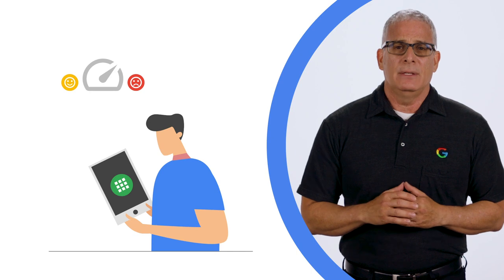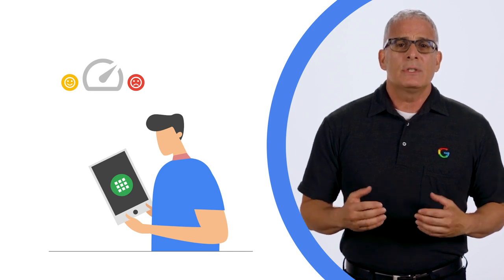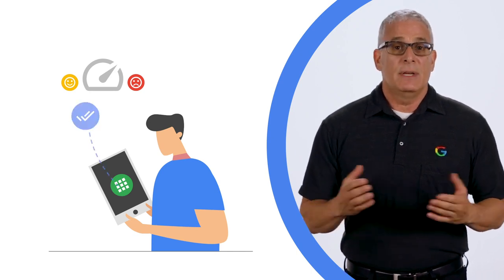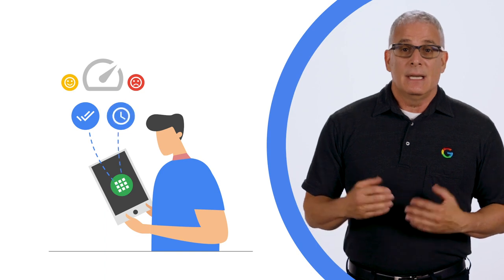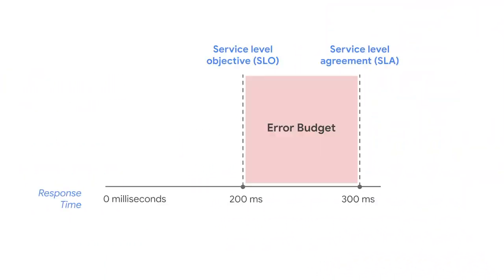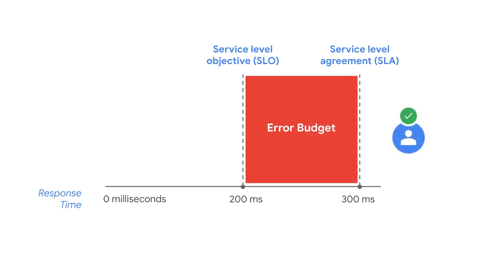You can think of this as the pain tolerance for end users, but applied to a certain dimension of a service such as availability, latency, and so forth. The error budget is typically the space between the SLA and the SLO. This error budget gives developers clarity into how many failed fixes they can attempt without affecting the end user experience.